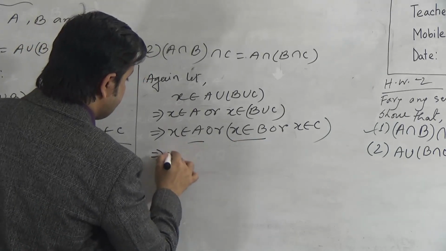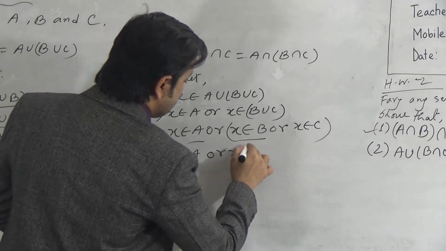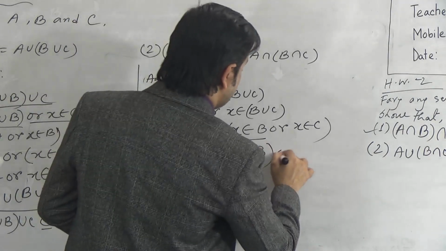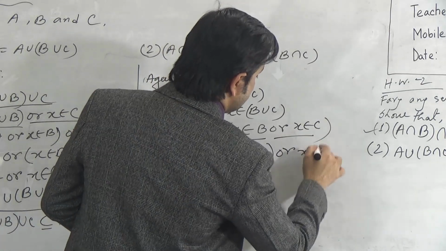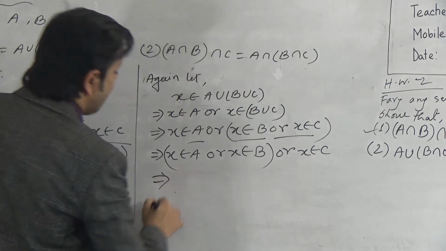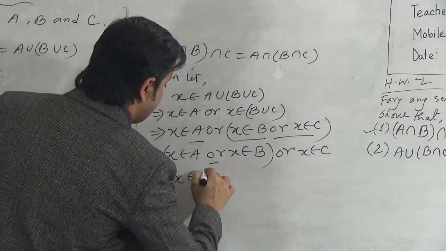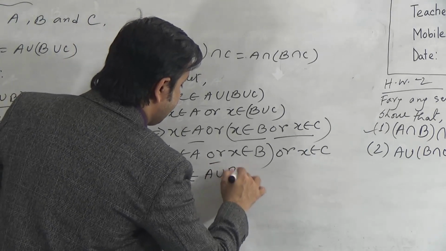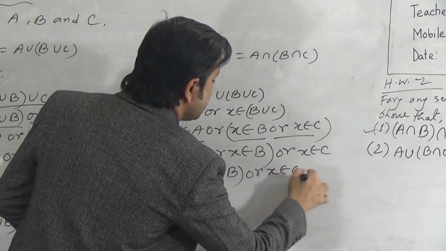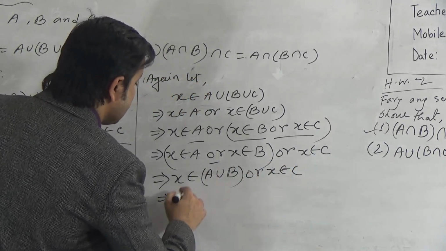So we can write X is contained in A or X is contained in B. Now here or this part X is contained in C. So now we can write X is contained in, removing this or, A union B or X is contained in C. Now we can remove this or by using union.